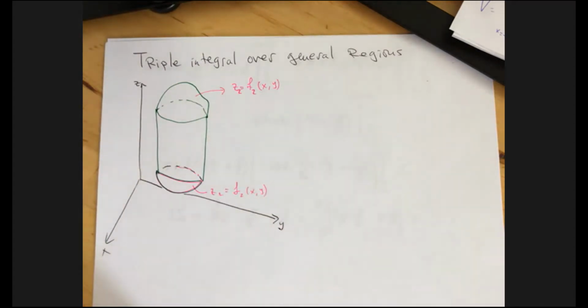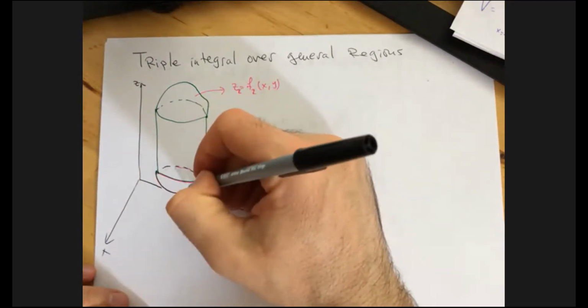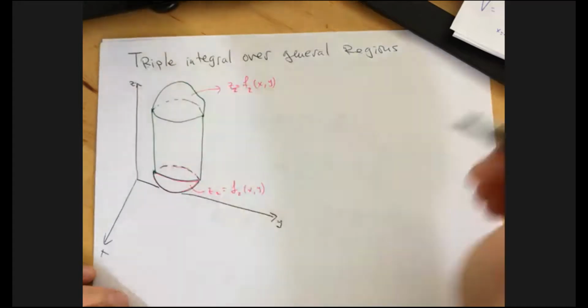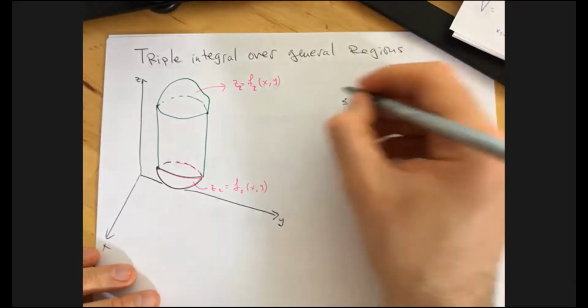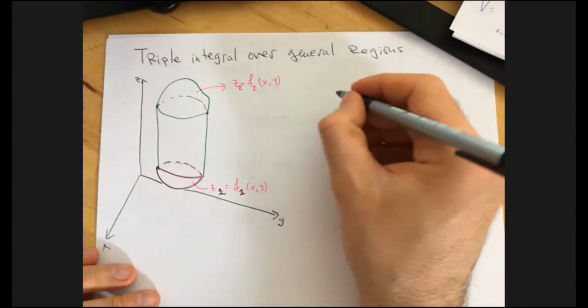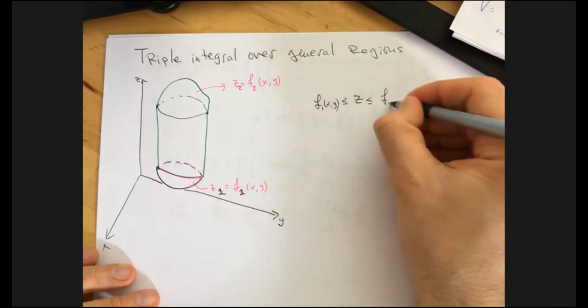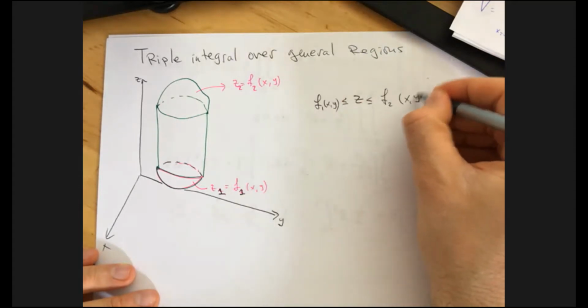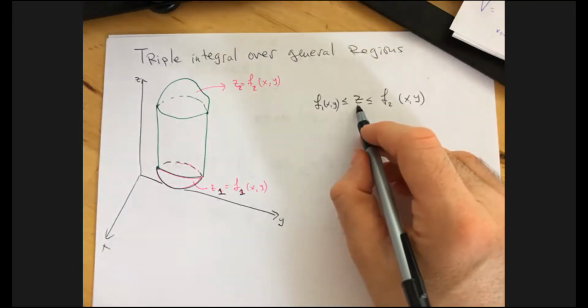Okay? So bounding this is going to be interesting, because now z is not going to go from constant a to constant b like in the previous case, right? Now the value for z is bounded between f1 defined in x and y, and then f2 defined in x and y. And this has to be the first integral that you're going to evaluate, right?